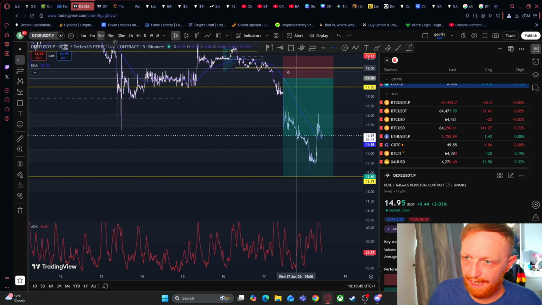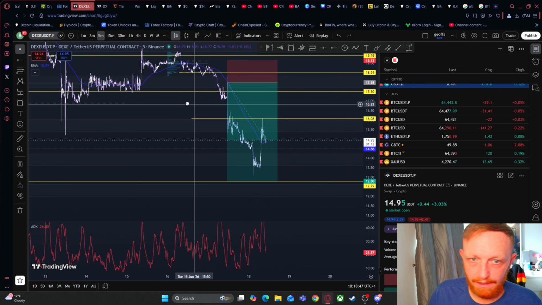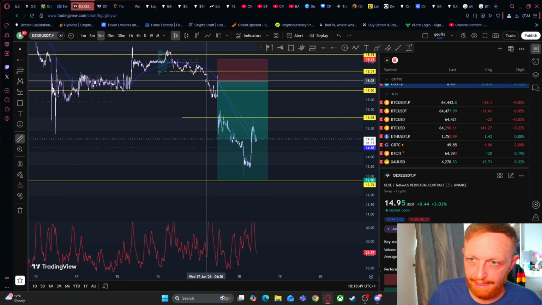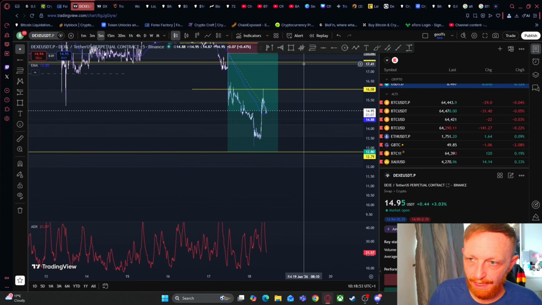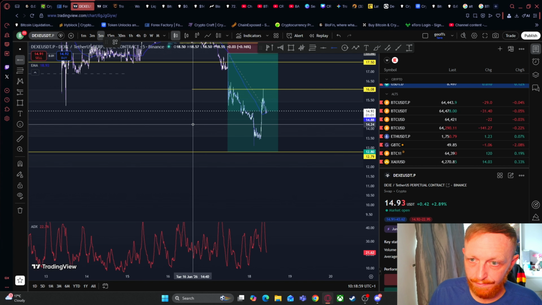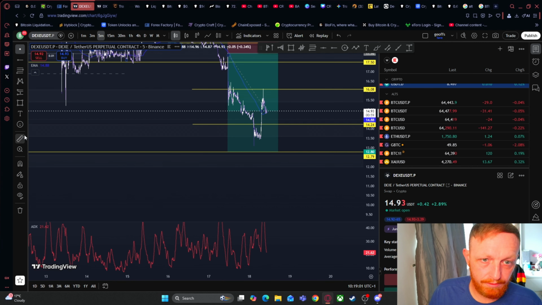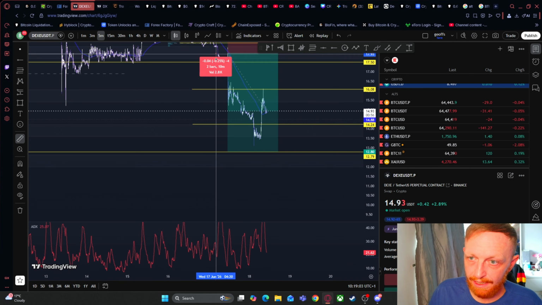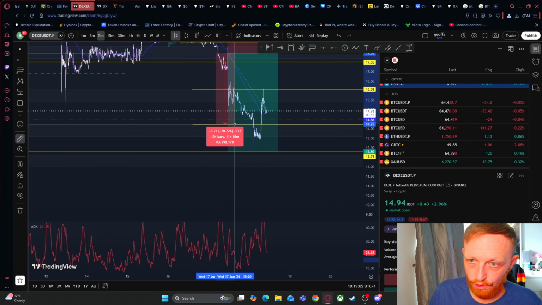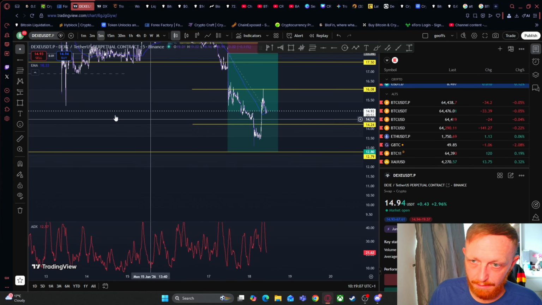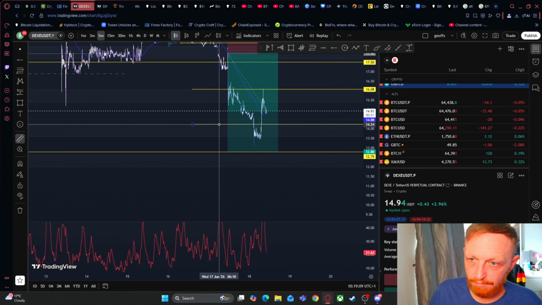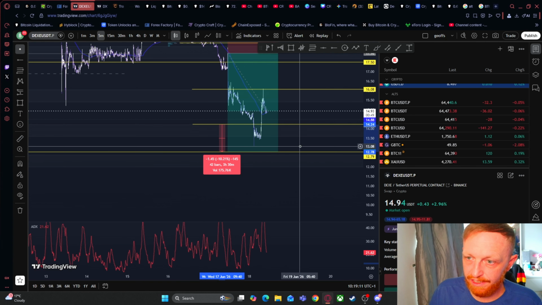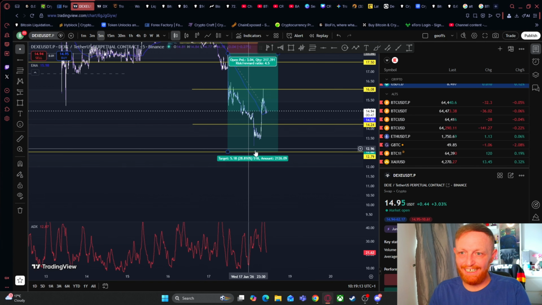So there's your first target. That is 10%. Second target is the lower end of the volume. Your second target from entry, 20%. Main target is another 10% down. So it's 10, 10, 10.